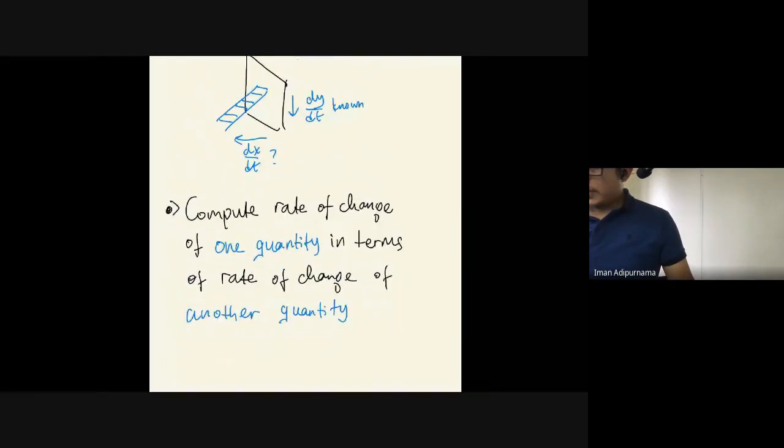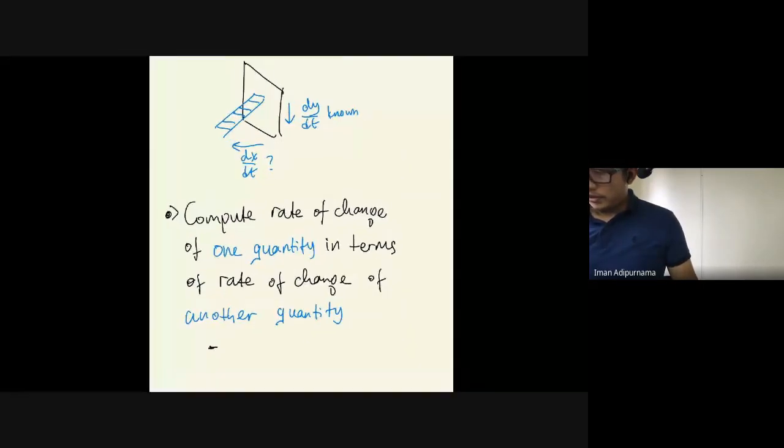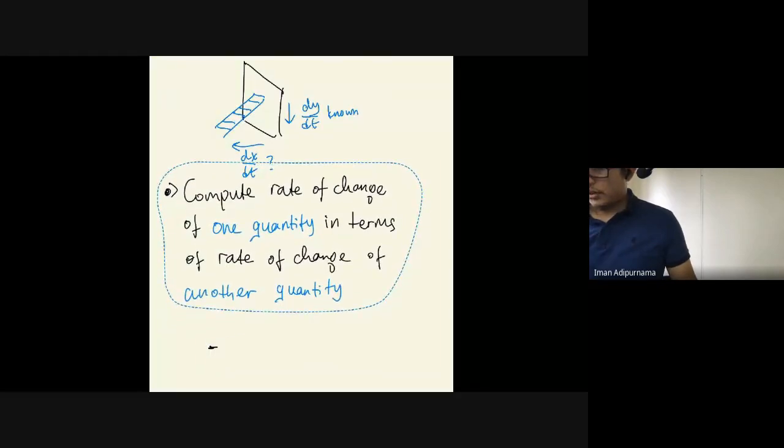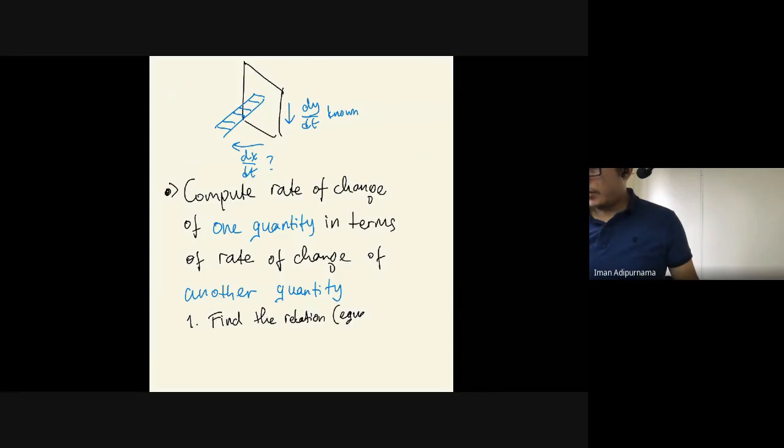So what's the deal? First you need to find the relations, or equation or formula.